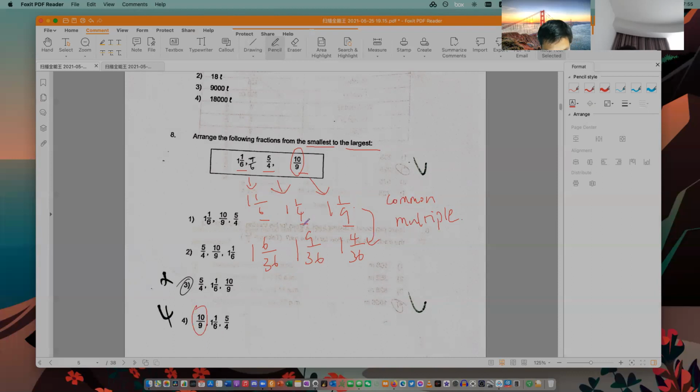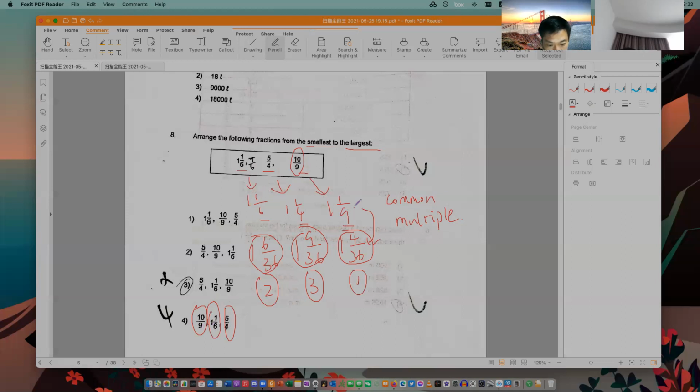So then the next one should be this one. Can you see? So this is the smallest, and then this is the second smallest. Then this is the largest. Okay. So you should rank it 10 over 9 first, then 1 and 1 over 6, then of course 5 over 4.